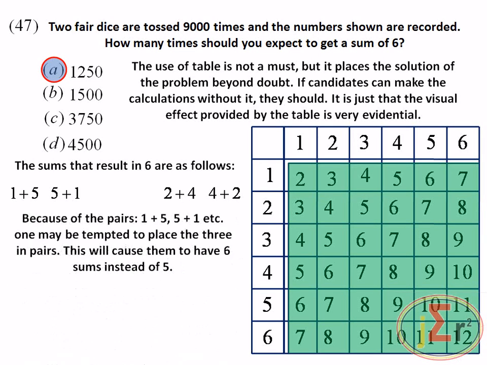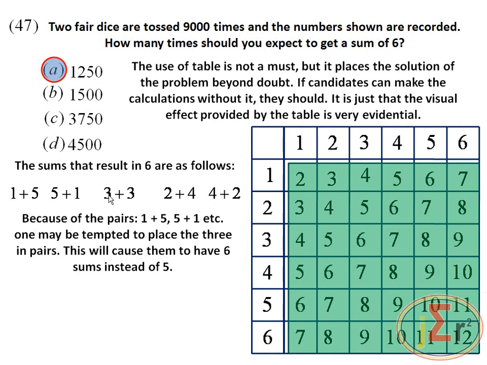Because of the pairs, 1 plus 5, 5 plus 1, etc., one may be tempted to place the 3 in pairs. This will cause them to have 6 sums instead of 5. So what do they do? They say, well, we have 2 of these, we have 2 of these, so we must have 2 of the other. And they use 6.